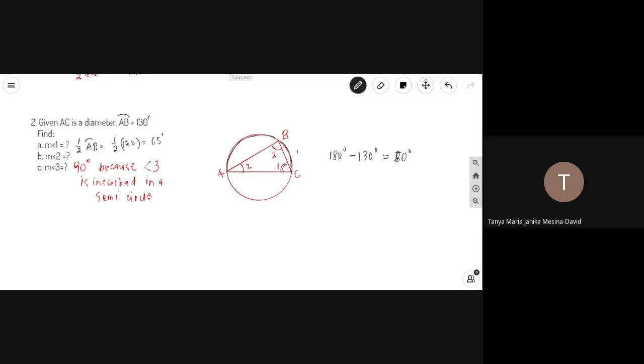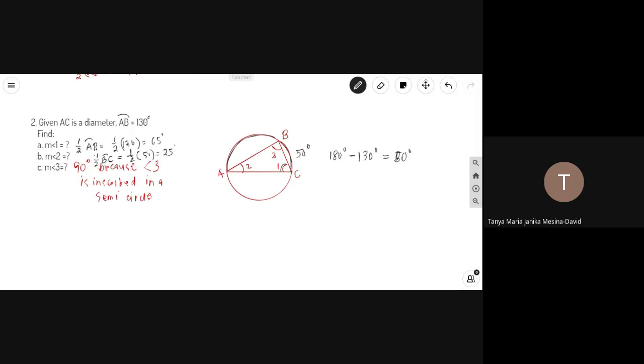Then angle 2 is one half arc BC, which is one half times 50, which is 25 degrees. Hence, the measure of angle 1 is 65, angle 2 is 25, and angle 3 is 90 degrees.